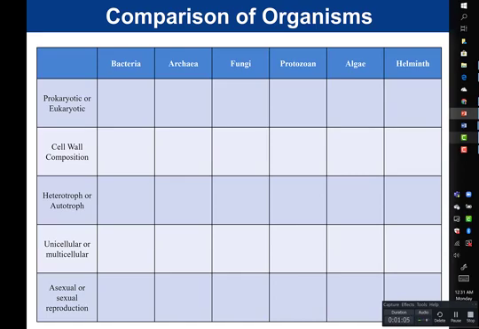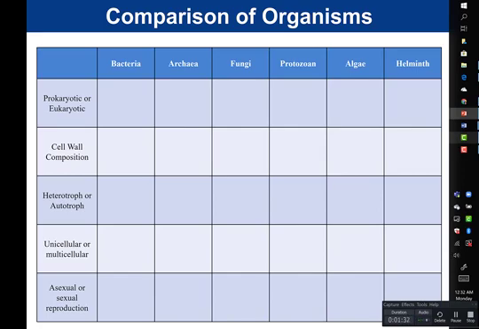What is their cell wall made of? Or for certain organisms, do they lack a cell wall? Are they heterotrophic or autotrophic or both, meaning can they be both heterotrophic and autotrophic? Are they unicellular or multicellular or both, meaning they could be either? Asexual reproduction or sexual reproduction or both?